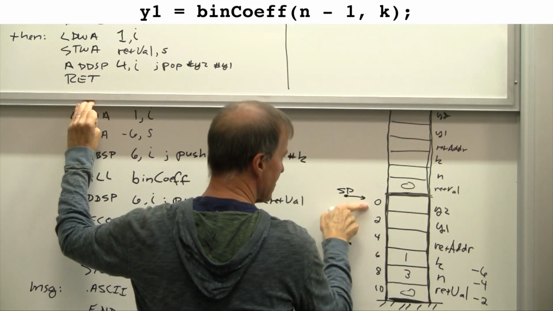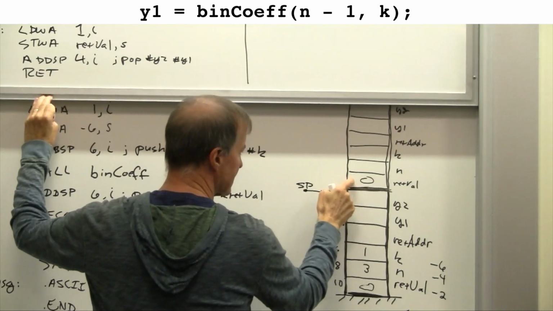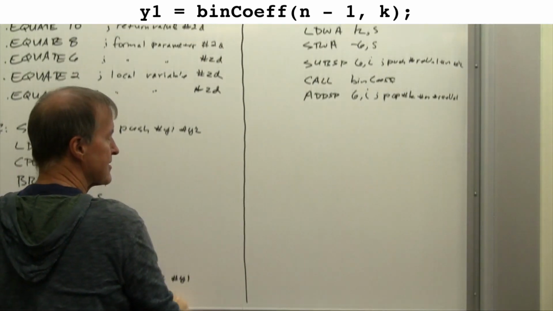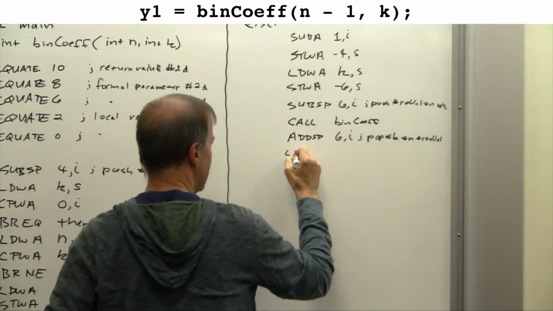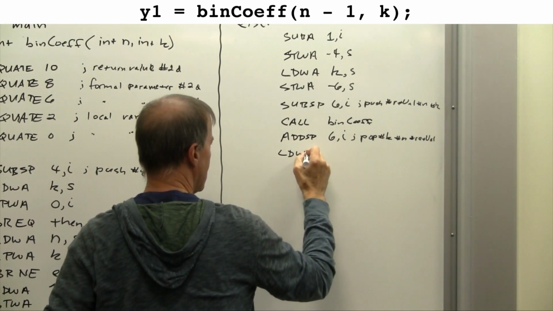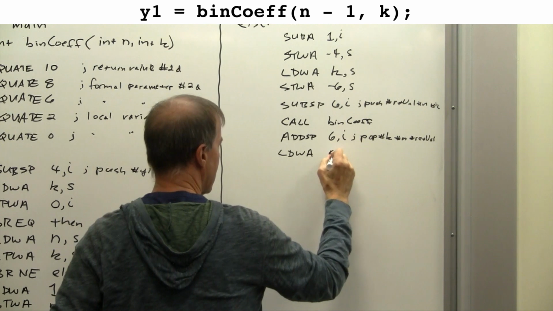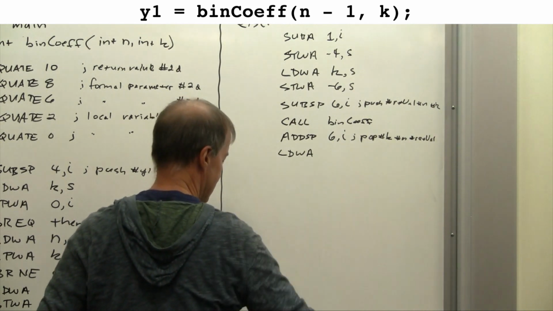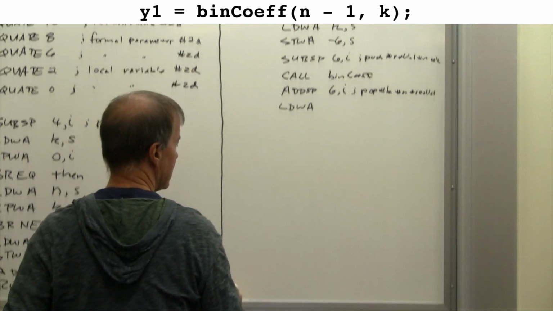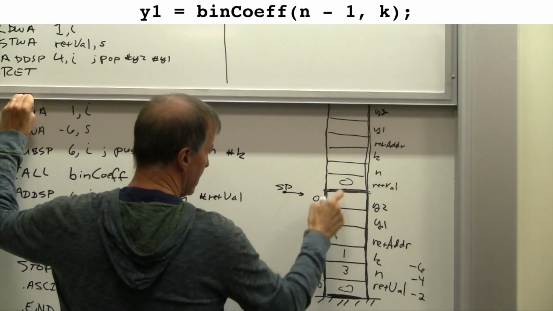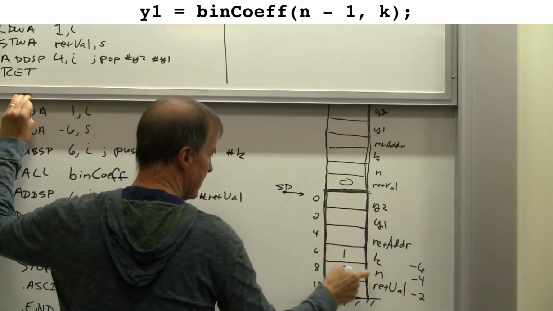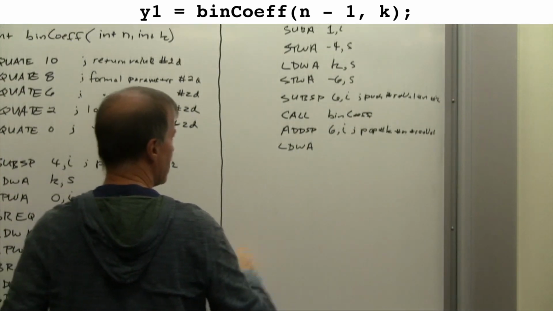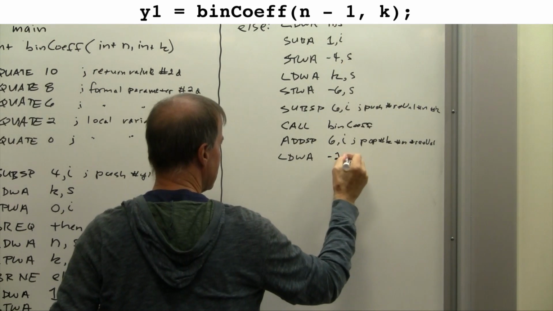So our stack pointer's here. How does this Y1 get this? Load word accumulator, what? Load word accumulator ret val. Oh, sorry, not ret val, because we don't want to put this one here. Negative 2, good. So load word accumulator negative 2 addressing.